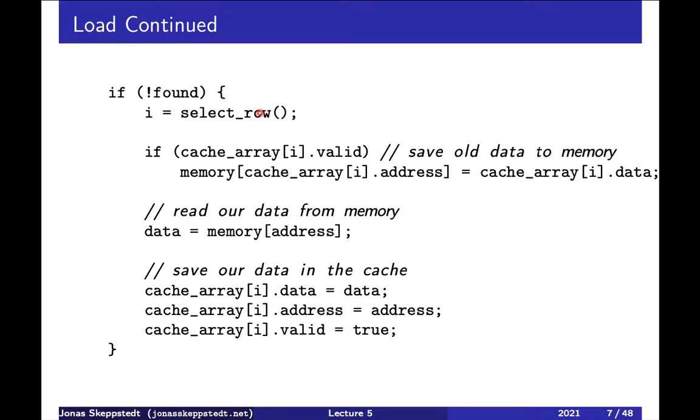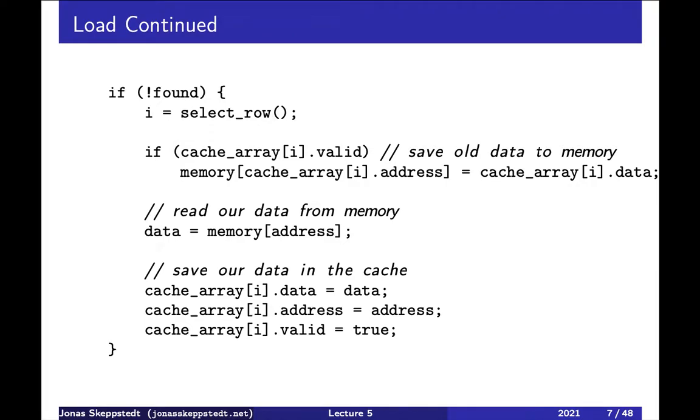one row, and if this row had valid data, we save it to memory. But in reality, we wouldn't do that if it has not been modified. But in our simple cache, we don't note whether we have modified the data or not.